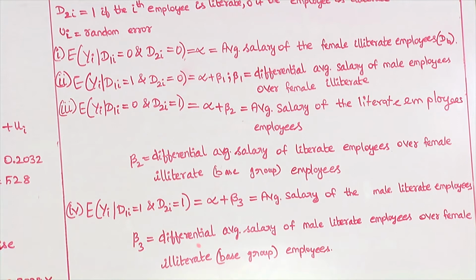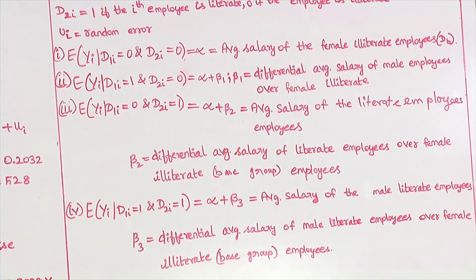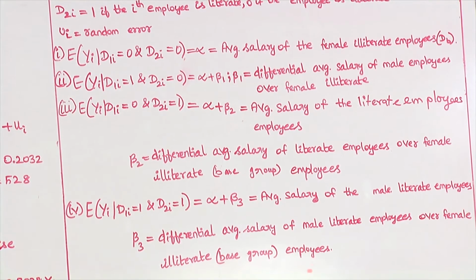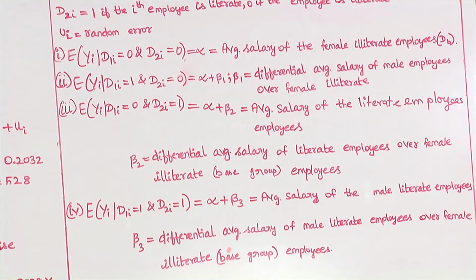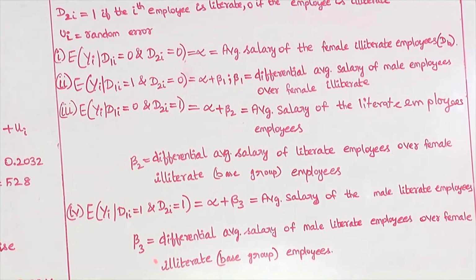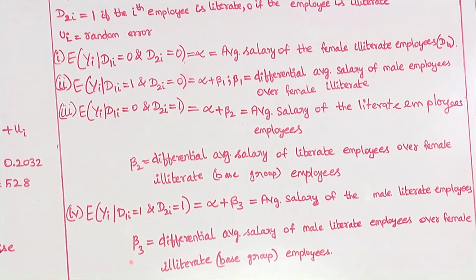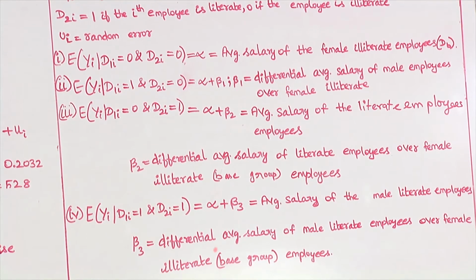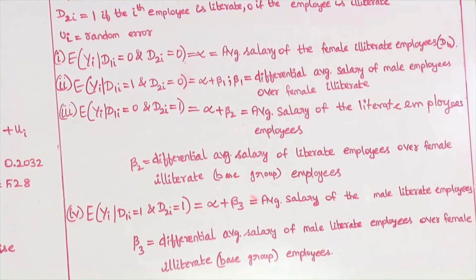Beta 3 is the differential average salary of male literate employees over the female illiterate employees. Now, this will measure the combined effect of the male and literate employees. So, this will give the interaction effect of these two dummies, the gender and literate dummies.